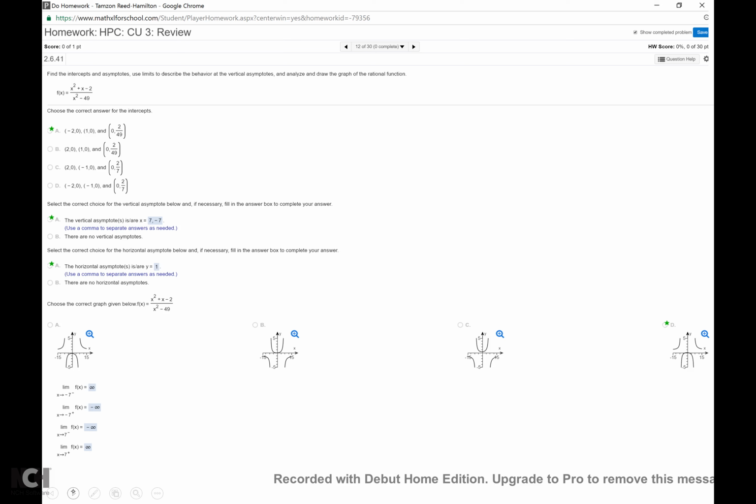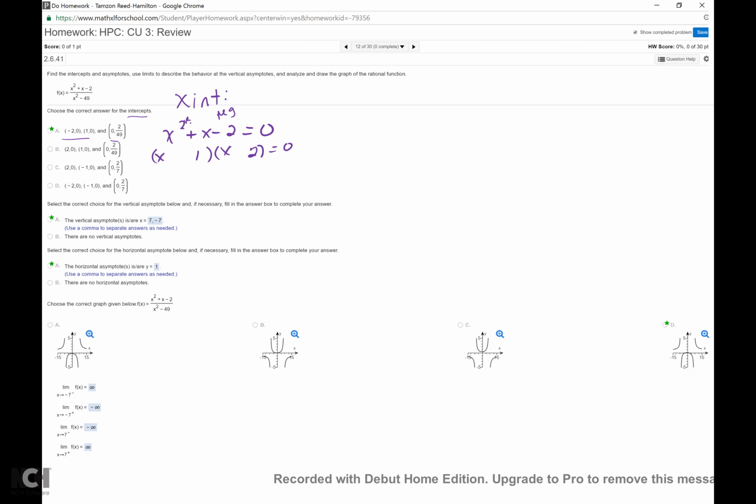Alright, find the intercepts and asymptotes. Use limits to describe the behavior of the vertical asymptotes and analyze and draw the graph of the rational function. Alright, so we have to find, what do they want first? The x-intercepts? Oh, they want them all. X-intercepts and y-intercepts. Okay, so to get my x-intercepts, I set my numerator equal to 0 and solve. It should be an easy factor. Factors of 2 that make 1 are 1 and 2.